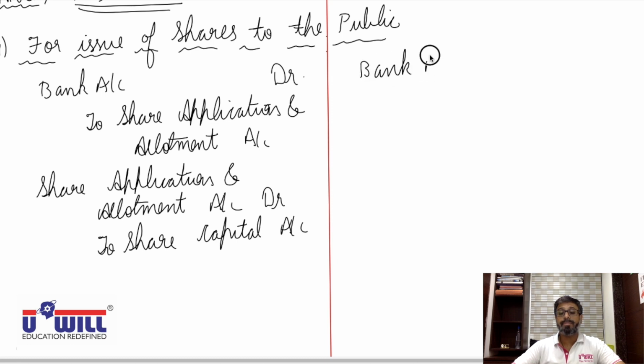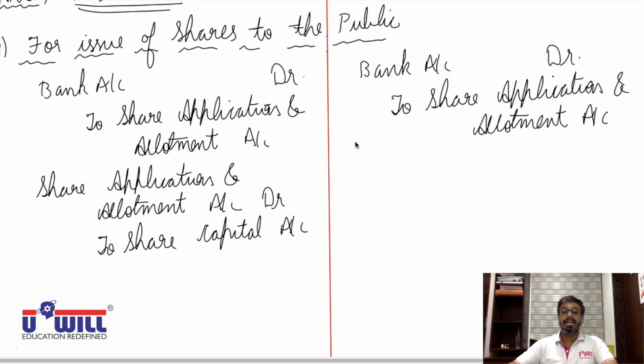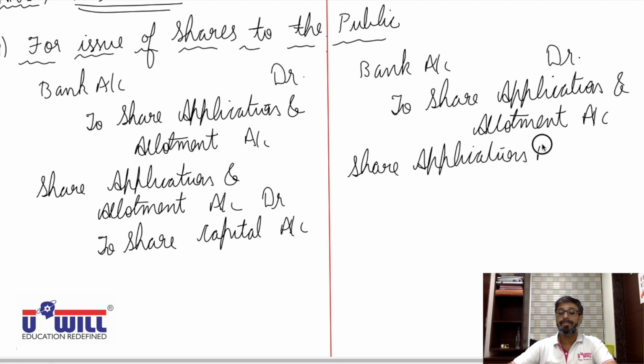Since the entire amount of 10 rupees is collected in one go, bank is the receiver, debit the receiver, and you straight away transfer to application and allotment account. Then to close the share application and allotment account, we debit it and transfer that money to share capital account.